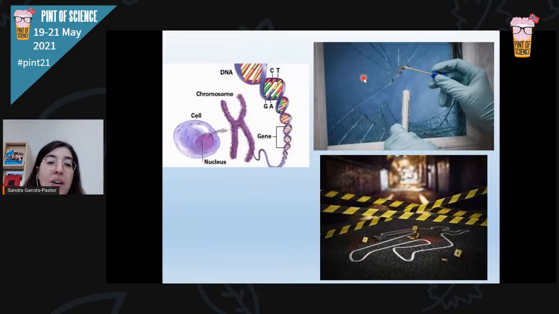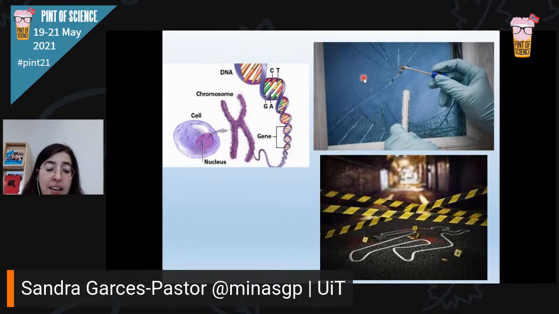As you know, all cells are composed of DNA, and as you have seen in many movies and series, we leave traces of DNA everywhere. So we can find DNA in our skin cells, in nails, in hair, in blood.